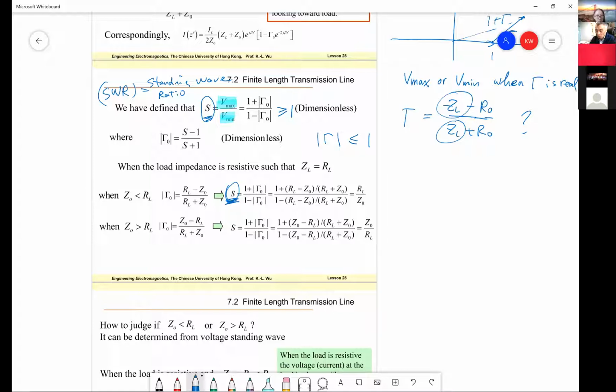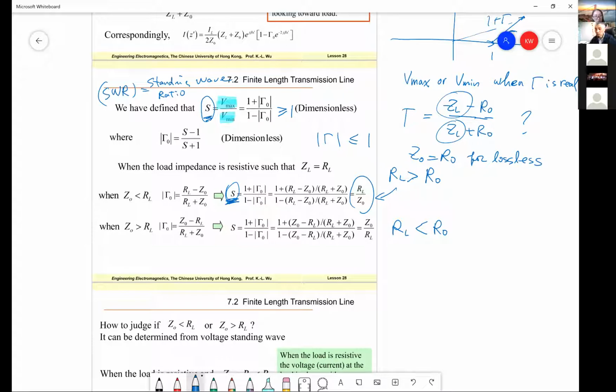So we have 2 scenarios if the load is resistive or real. One is defined by RL divided by Z0: RL larger than R0, where Z0 equals R0 for lossless, or RL less than R0.